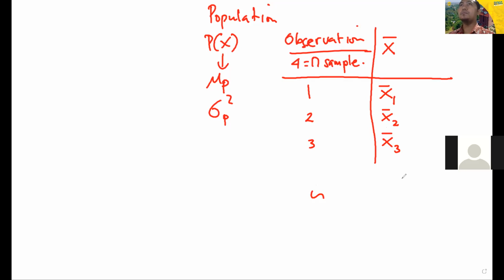So the important thing is the n here, the number of samples in each observation, and the result of each sample mean, this value.